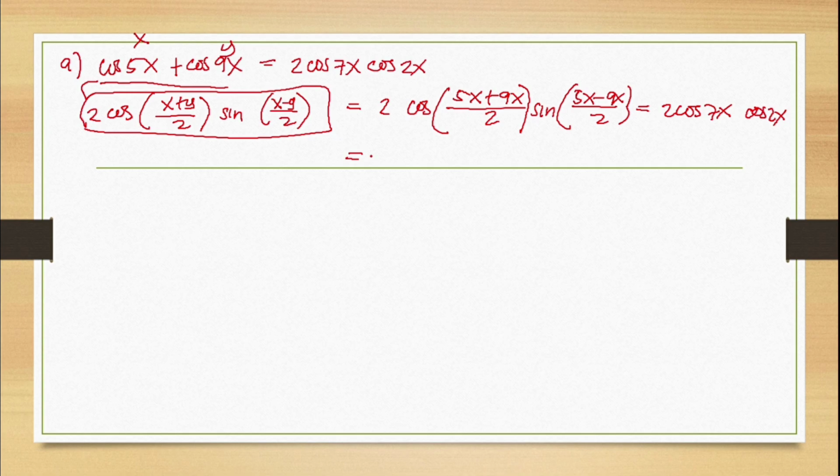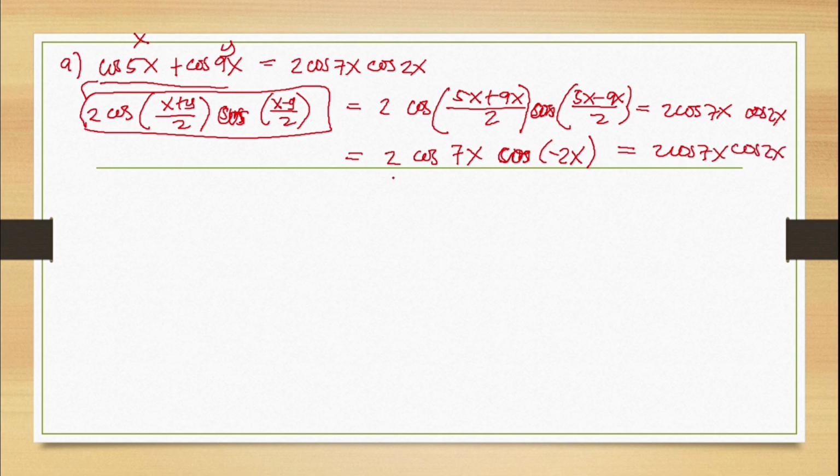So we have 2 cosine of 5x plus 9x, 14 divided by 2, we have 7x. By the way, this is cosine. So cosine of 5x minus 9x divided by 2, that is negative 4x divided by 2, we have negative 2x, is equal to 2 cosine 7x cosine 2x.